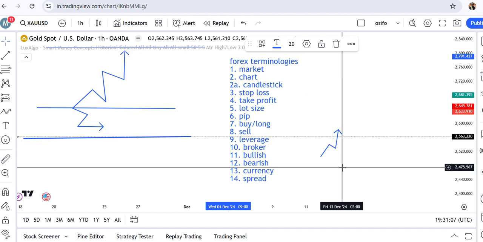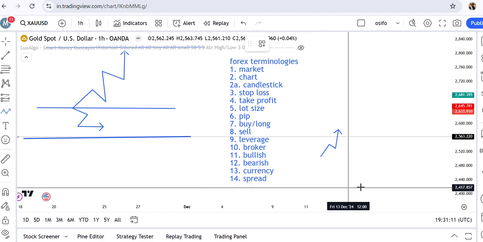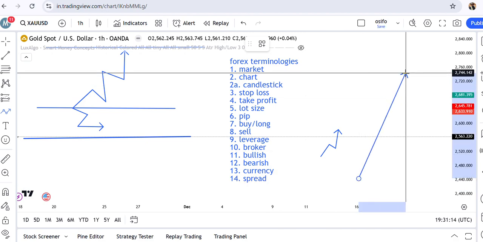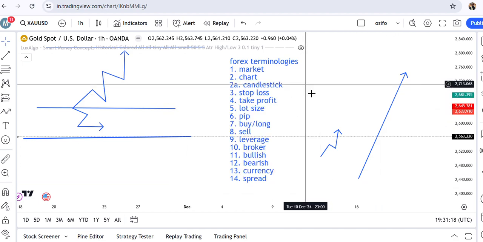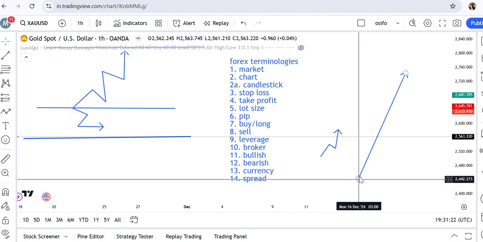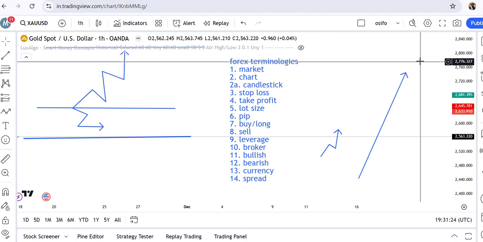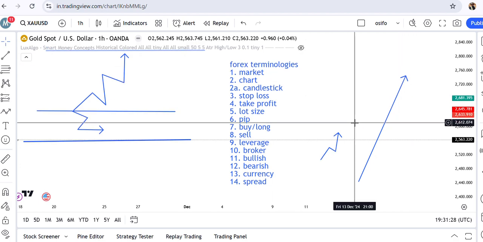That is the meaning. When somebody says, bro, I want to buy, it means I want the price to go up. I want to go long. All right. So that's the meaning of buy. It means that you want to enter the trade from here and you want the price to go all the way up. So when somebody says, I want to buy a trade or I'm going long, this is what they mean.